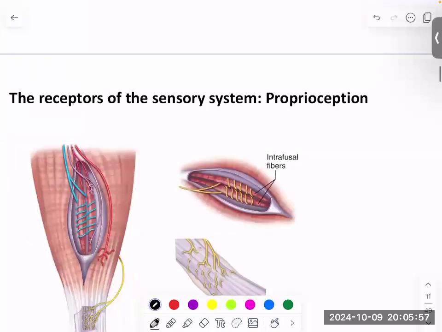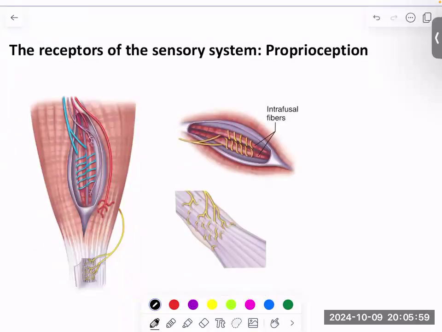Not in the skin, still general senses. You have this neuron that'll wrap around muscle fibers. Or you have this neuron that wraps around tendons and ligaments. This one, if it's in the muscle, is called a muscle spindle neuron.